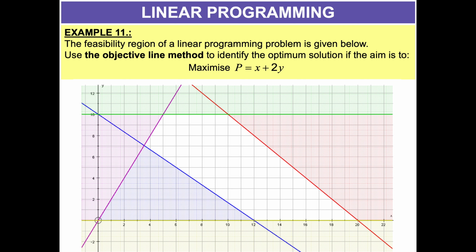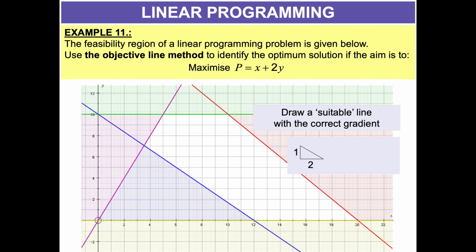So if I'm maximizing profit, x plus 2y, the first thing you will do is sketch x plus 2y equals P. In this case, that's the one that we have done before. You know the gradient is minus 1 over 2.